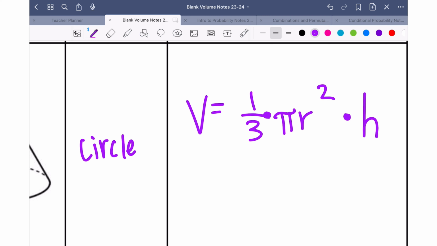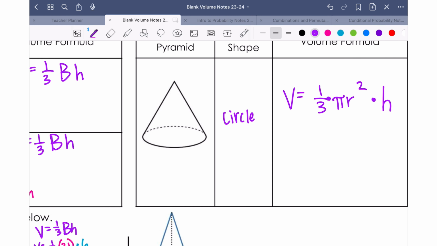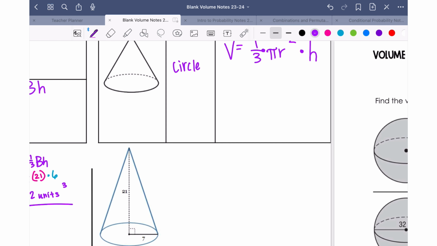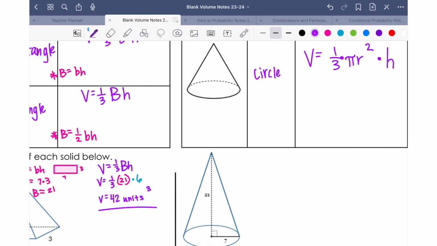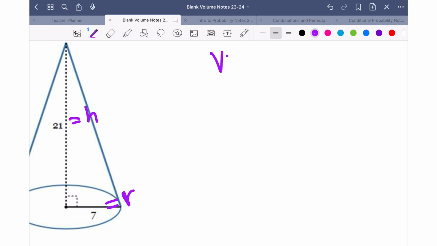And I love this because it's just very straightforward. Circles are so easy. And by now, y'all are experts at radius. So is this one. 21 is your height. 7 is your radius.